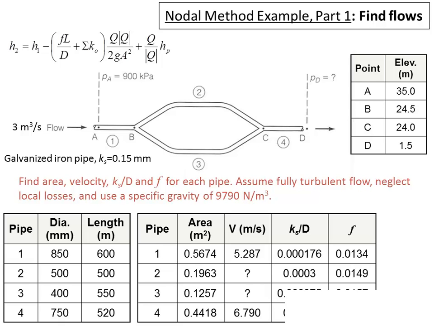And once we have that known, we can substitute that into the overall continuity equation. The overall continuity equation tells us that A2 V2 plus A3 V3 is equal to the 3 cubic meters per second that's going through the entire system. And so substituting in, instead of V2, what we know is that the velocity through 3 is faster than the velocity through 2.